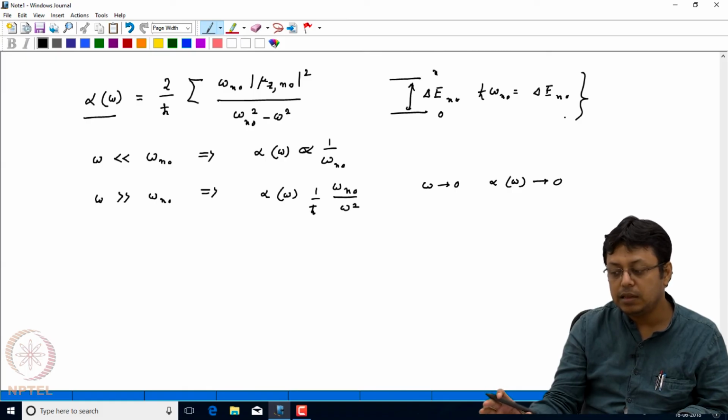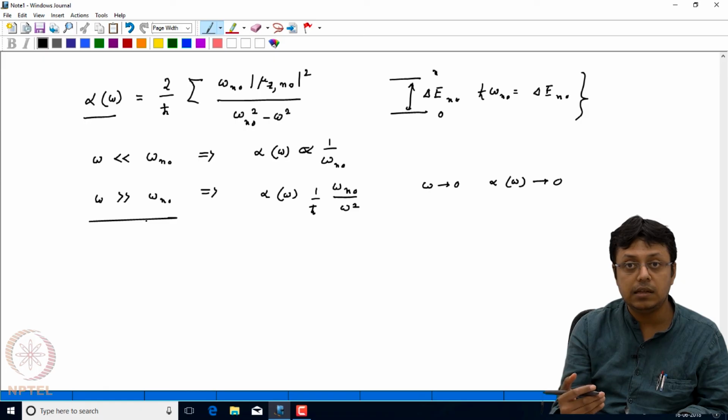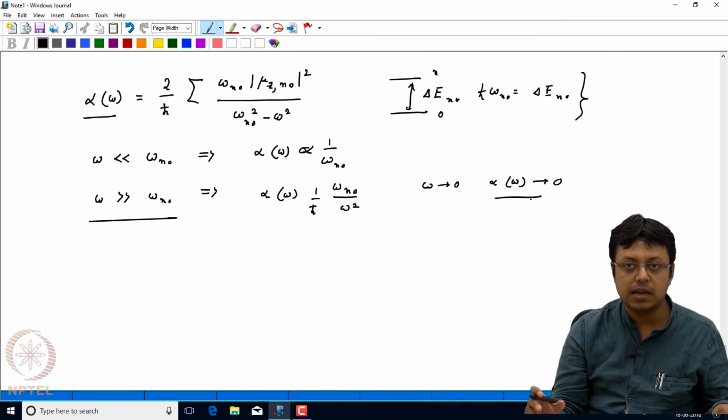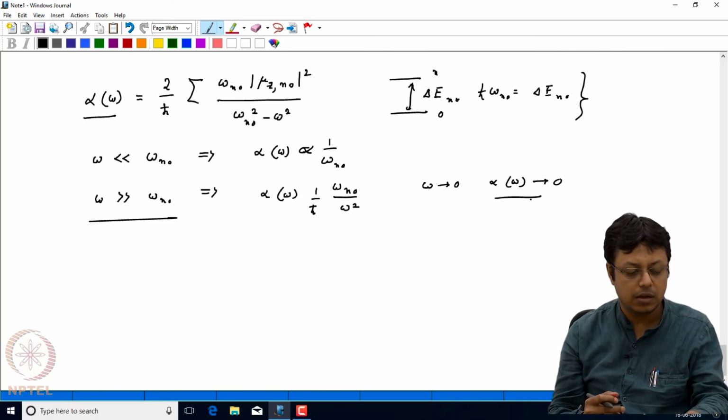If that external frequency is too fast and very high compared to the natural frequencies, then I will not see the effect of polarization. Then the alpha will tend to 0. So, these are basically different manifestations of what we can think about as the polarization or the induced dipole moment.